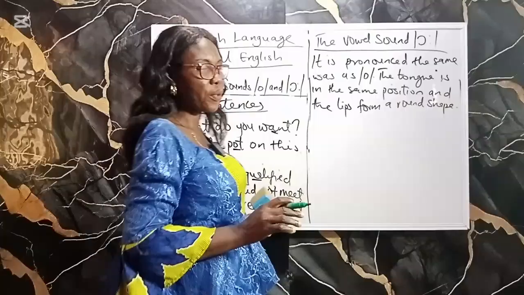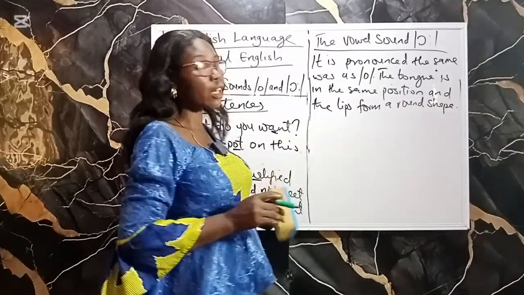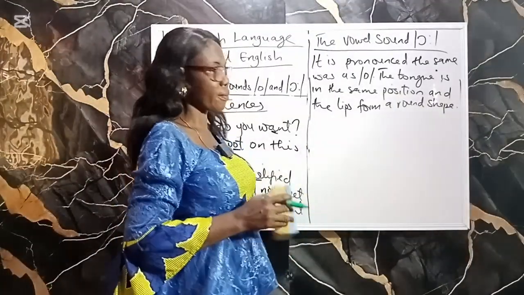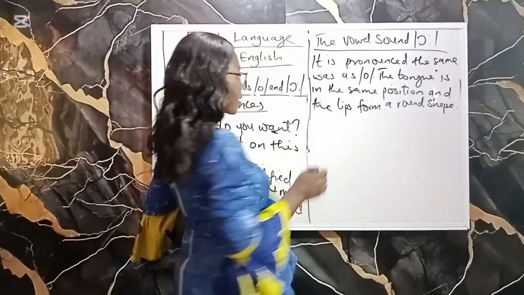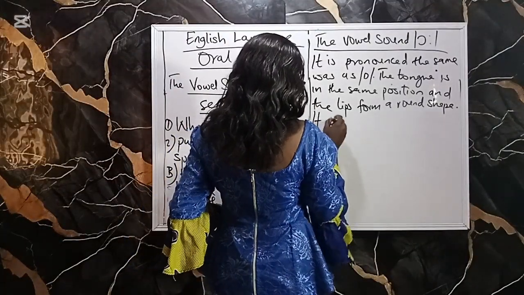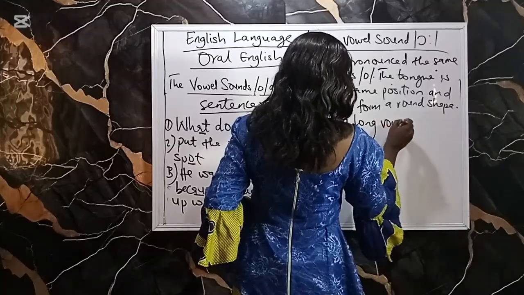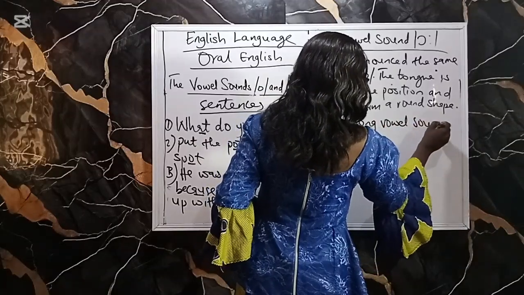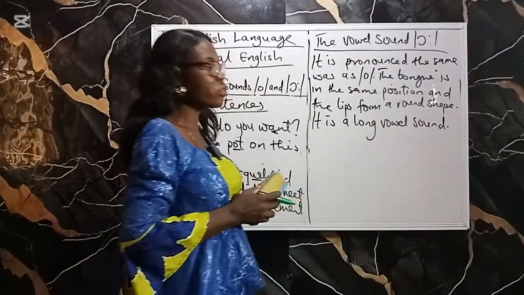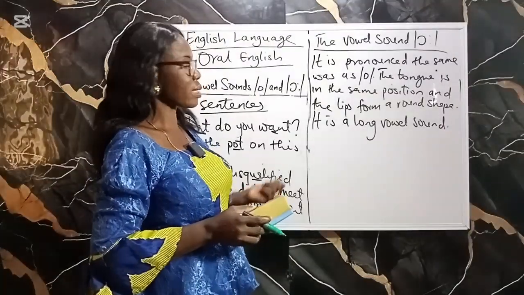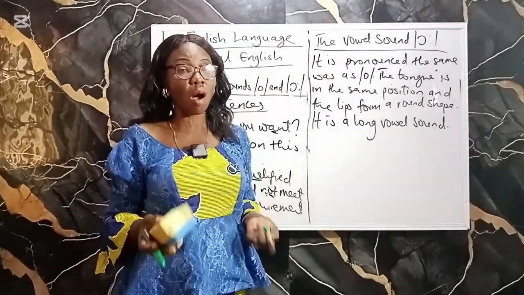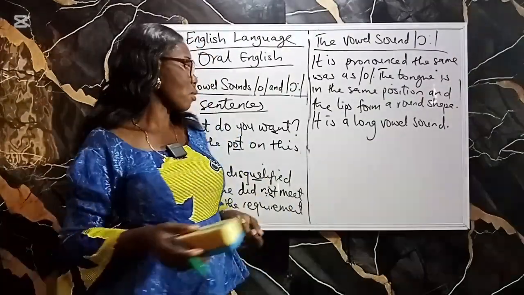So the shape of the leaves and the position of the tongue is the same. The difference is that it is a long vowel sound. I've told you, anytime you see two dots beside the sound, that sound is a long vowel sound.